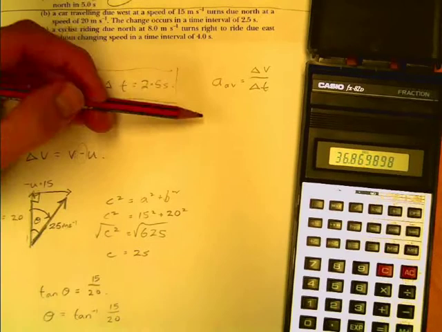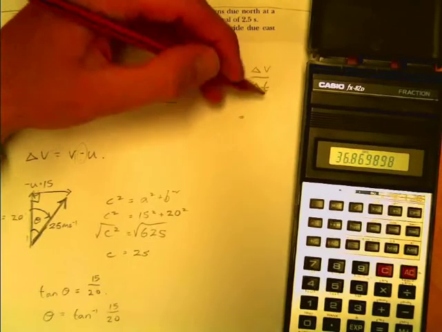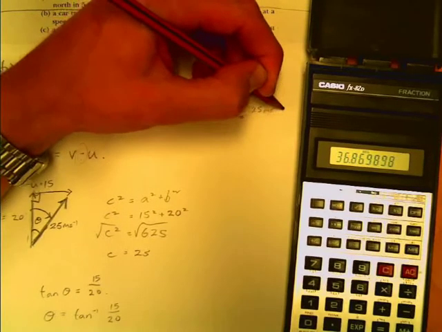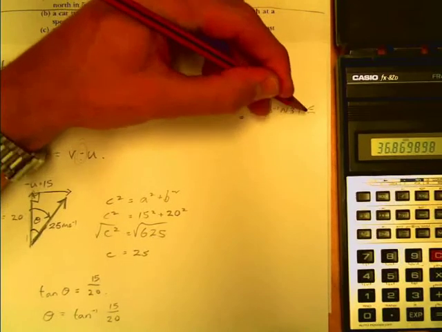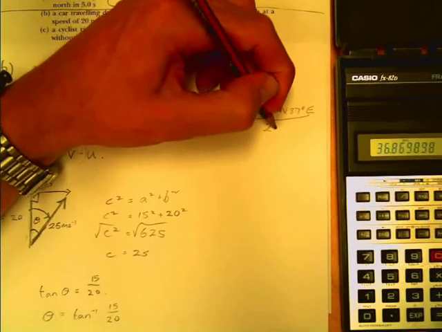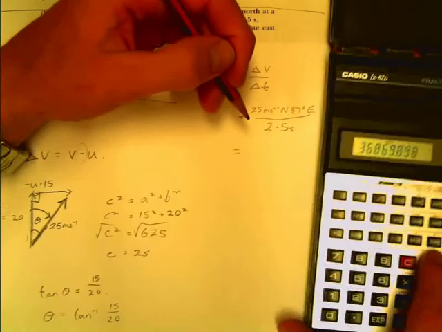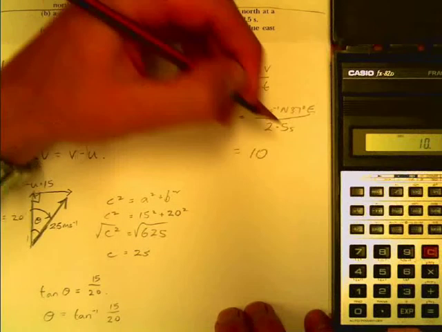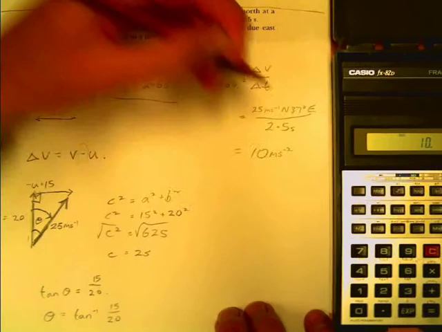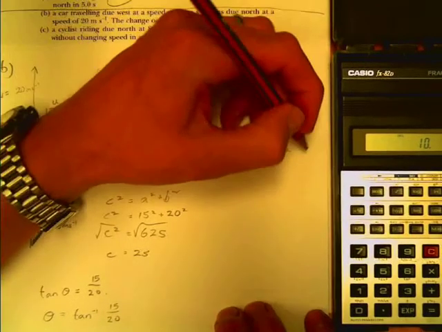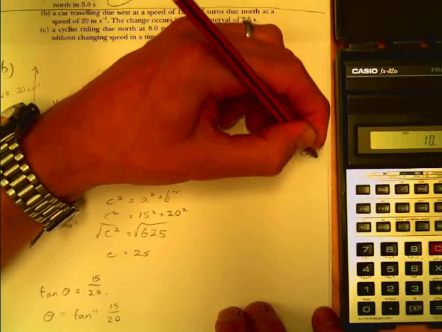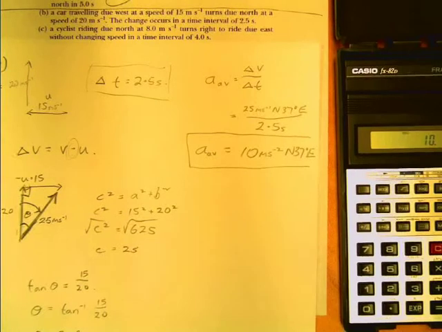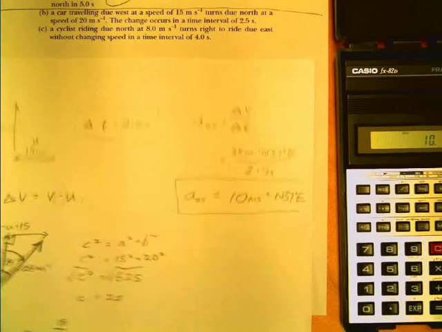Now we can go back up to our original equation and put in our numbers. 25 metres per second north, 37 degrees east, divided by 2.5 seconds is going to be equal to 25 divided by 2.5 equals 10 metres per second squared. This is acceleration, north, 37 degrees east. That's that one. Okay. Last one.